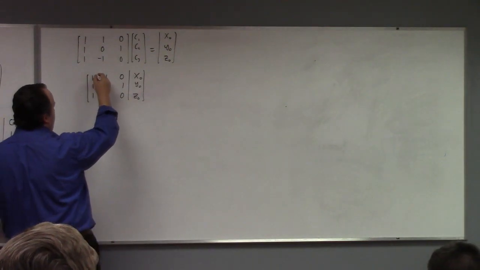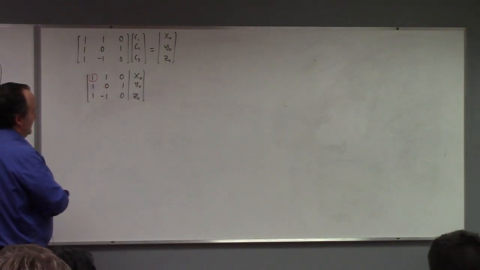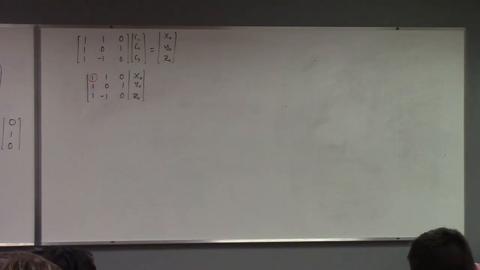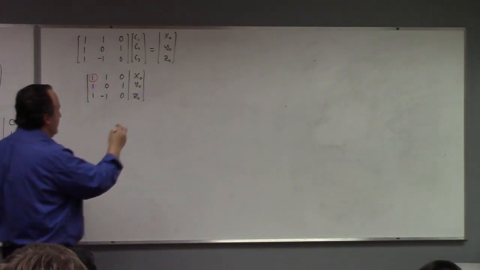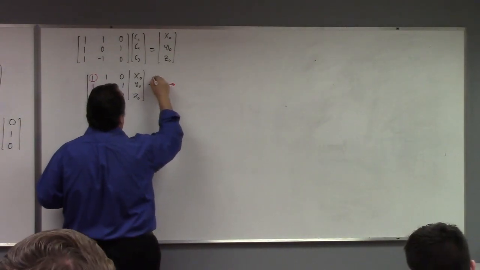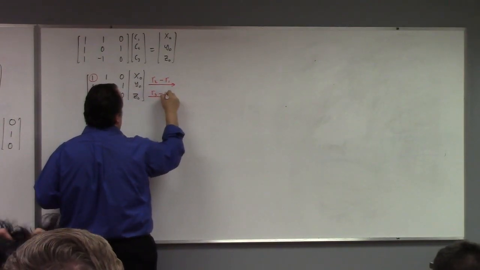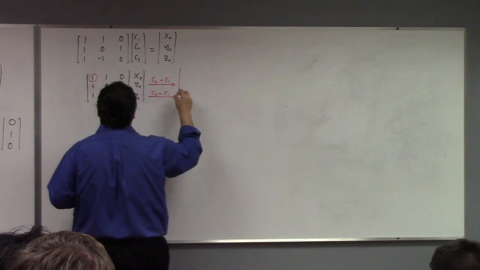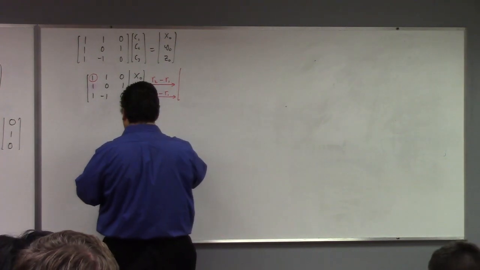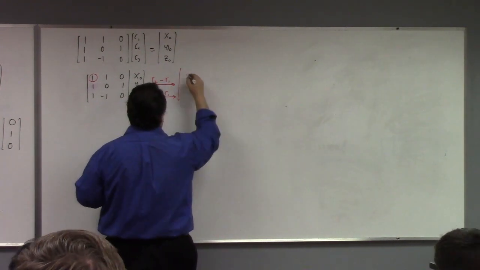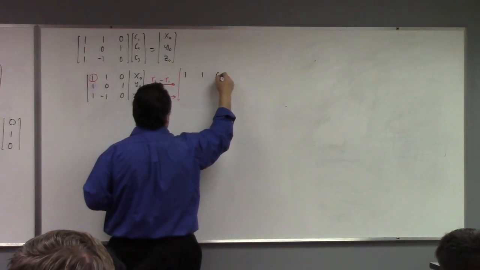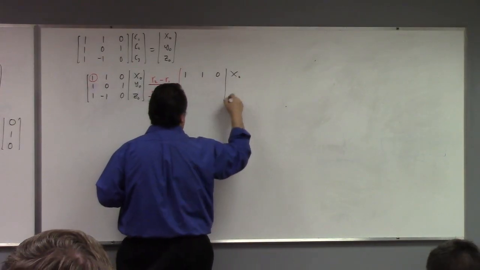To start with, I make my upper corner the pivot position. I want to clear out the ones below it. To achieve that goal, we do row 2 minus row 1, and row 3 minus row 1. Nothing happens to row 1. Row 1 stays just as it is, 1, 1, 0, x naught.